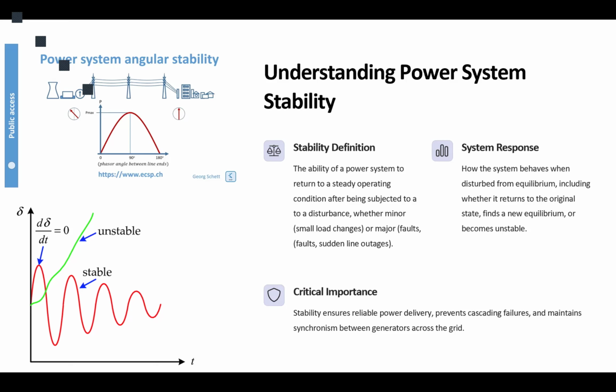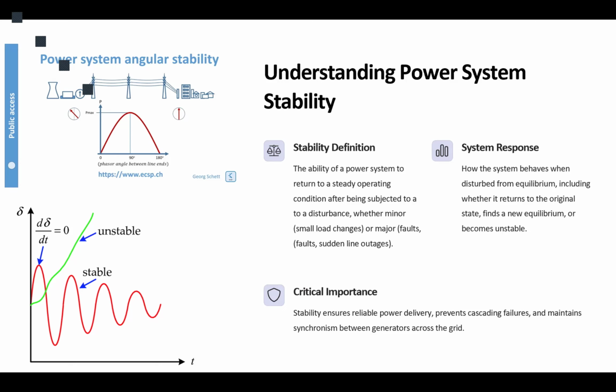So a byproduct of having a stable system is that the system is strong enough to manage a disturbance, meaning it could keep the synchronism between the generators.